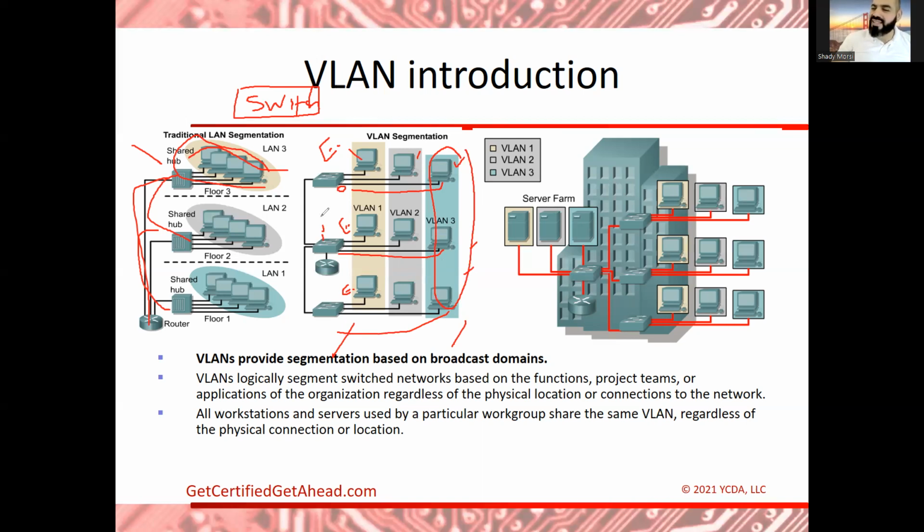Why? Because I created a smaller chunk of the switch and called it a VLAN. Okay, guys, so it's good for segmentation, and it also allows me to share resources and data between my team members, even when we are sitting on different floors.